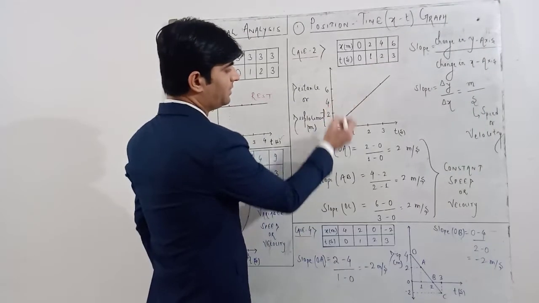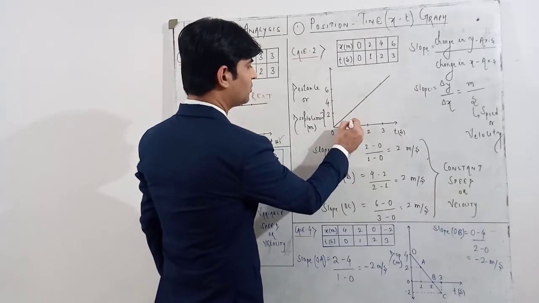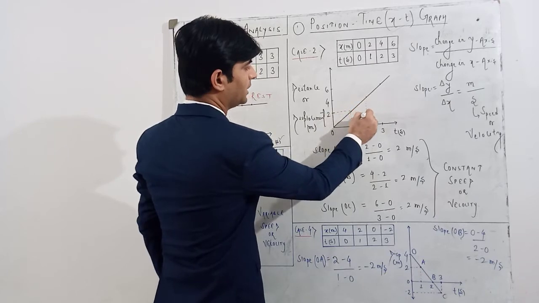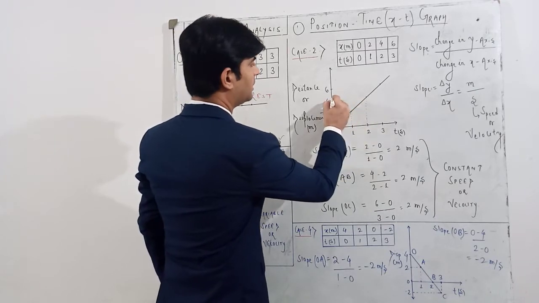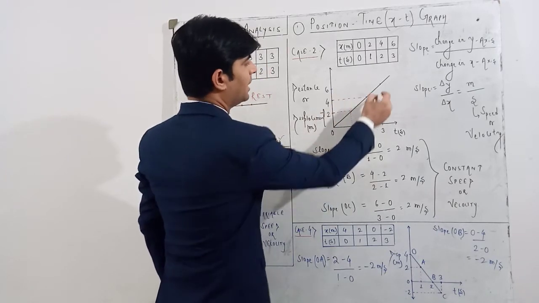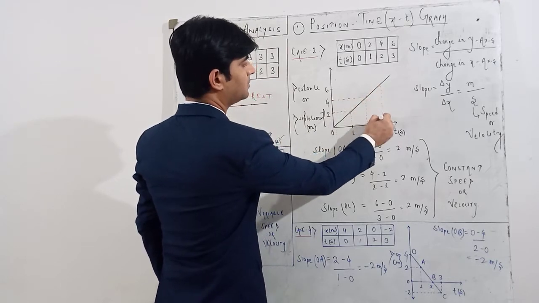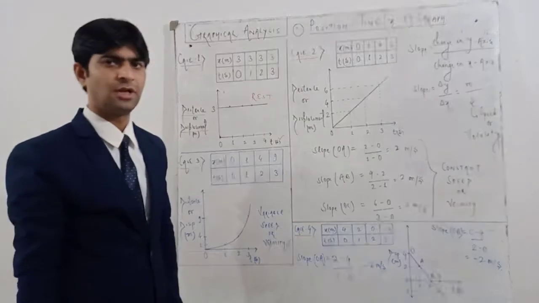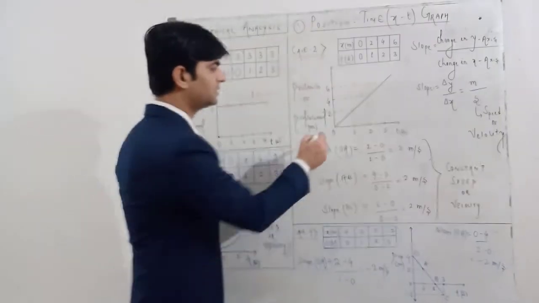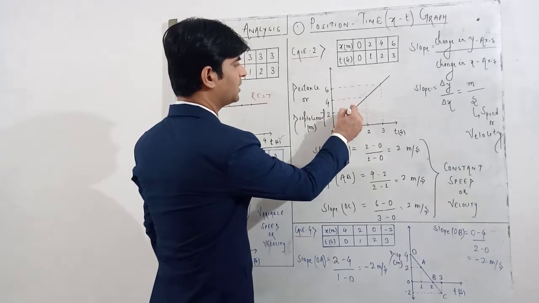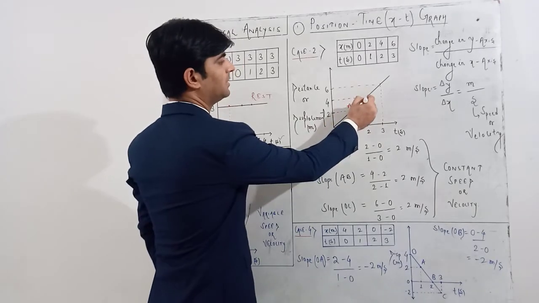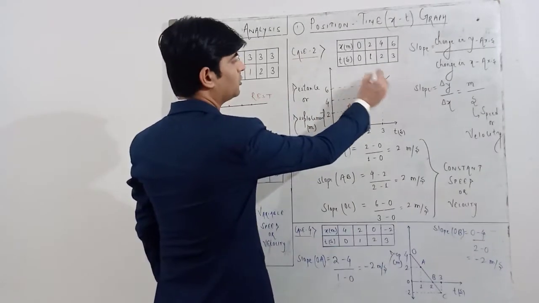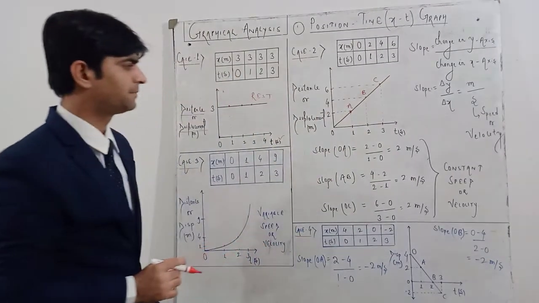At 1 it is 2 meters, at 2 it is 4 meters, at 3 it is around 6 meters. If I mark the different points here, this point I am going to mark as A, this point as B, and this point as C.